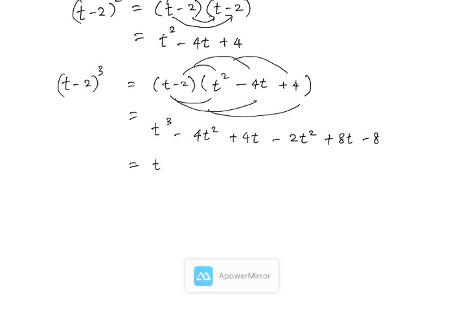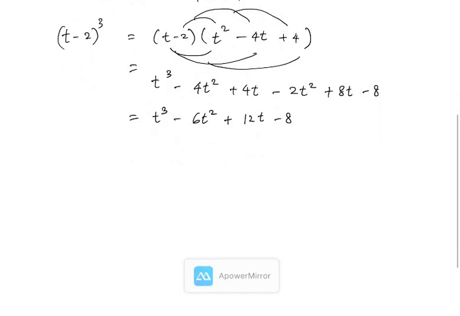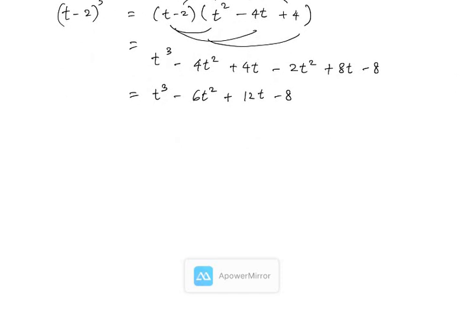When I simplify, I will get t cubed minus 6t squared plus 12t minus 8. So this is (t minus 2) to the power of 3. If I want the Laplace transform of this, I would write the Laplace transform of t cubed minus 6t squared plus 12t minus 8.